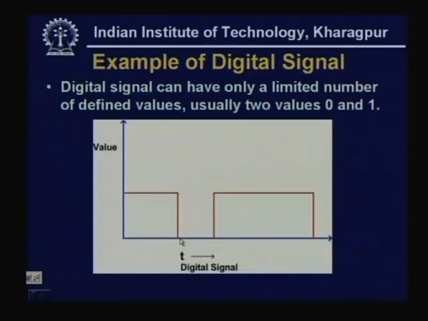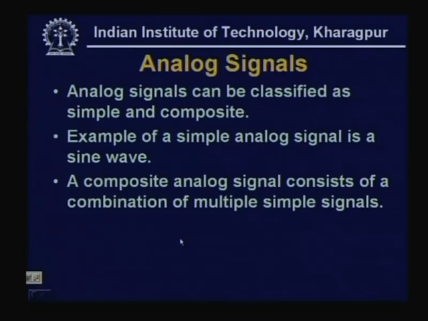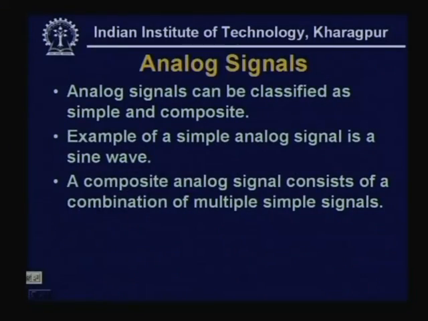Now, we can focus more on the analog signal. An analog signal can be classified into two types. First one is simple, second one is composite. An example of a simple analog signal is a sine wave.